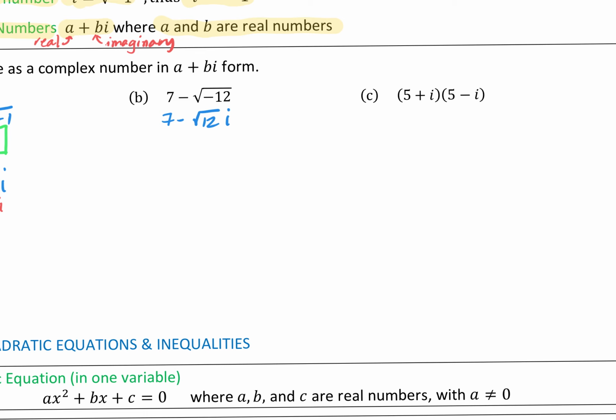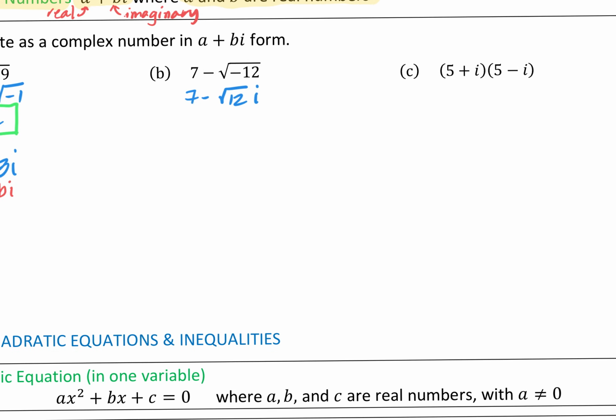Now this is not simplified though, because the square root of 12 is actually the square root of 4 times the square root of 3, and the square root of 4 is 2. We have 7 minus 2 square root of 3 i. And this is now written in a plus bi form. So it doesn't have to be an addition in there. It could be a subtraction as well.